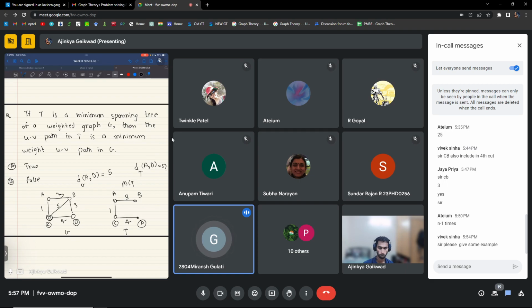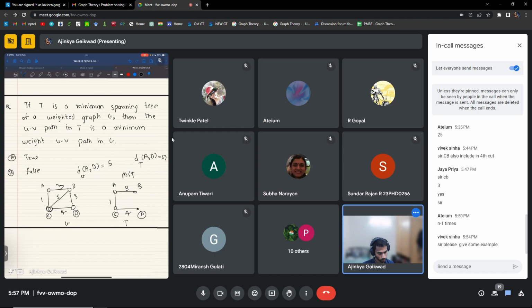No, because if we apply Prim's algorithm, it will go from AC, then AB. Wait, no. Let's apply Prim's algorithm and look at this graph G. What is the first edge Prim's algorithm will add?